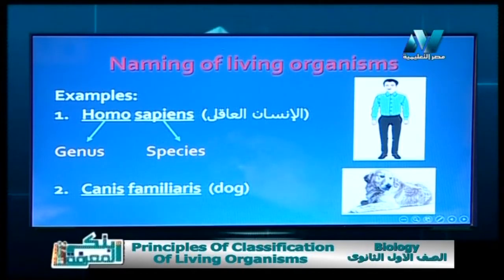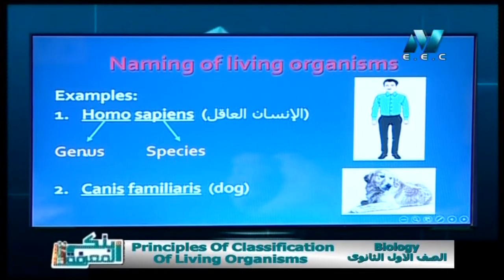Homo refers to a level of classification called genus, and sapiens refers to the species. And as you see here, we write the scientific name in two words. This is the binomial name, and we put a capital letter for the genus and a small letter for the species, and both of them are underlined.